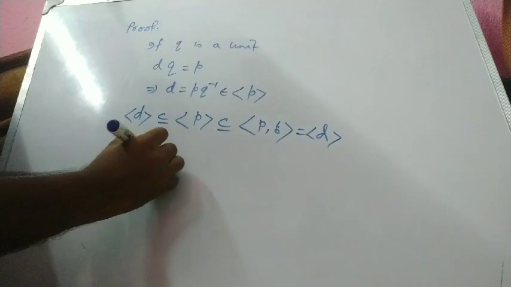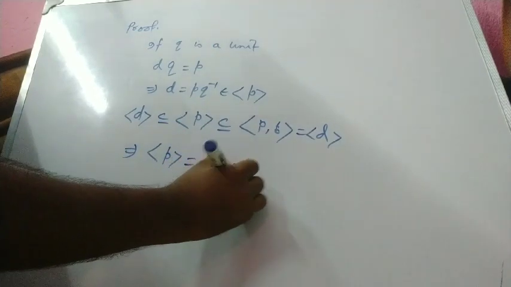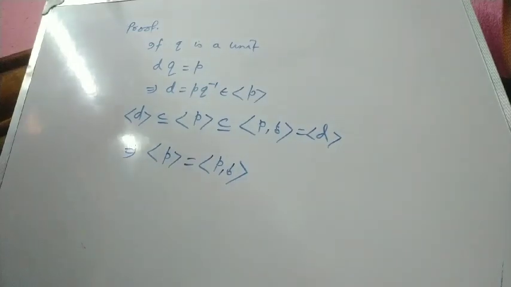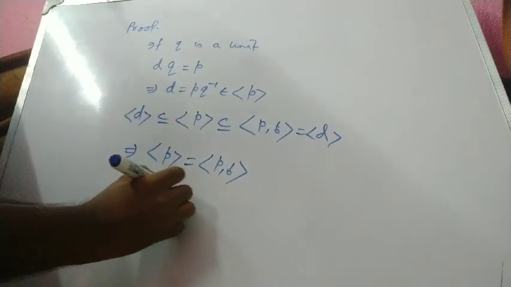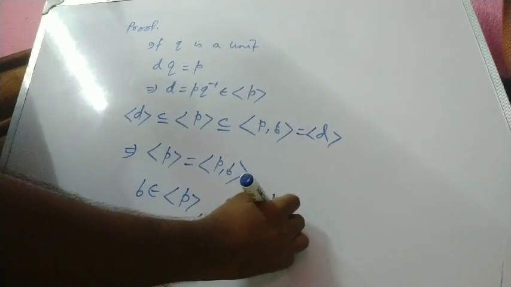This implies (p) is generated by (p, b). Okay, hence b belongs to (p), so p divides b.